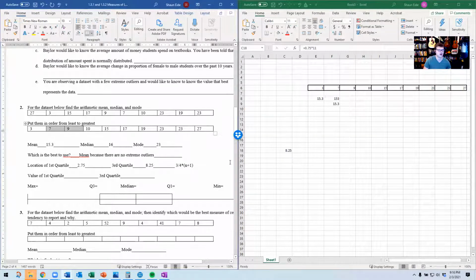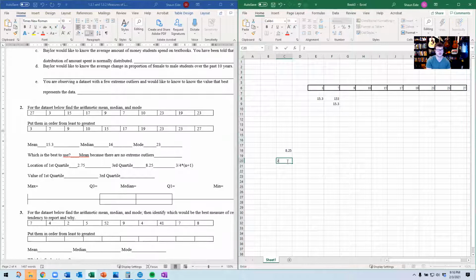So what you do is you take 9 minus 7, so that's going to be 2. So it's going to equal 2 multiplied by 0.75. The reason you multiply it by 0.75 is because that's the remainder. So you take that remainder, 0.75, multiplied by the difference between the 2 and the 3.